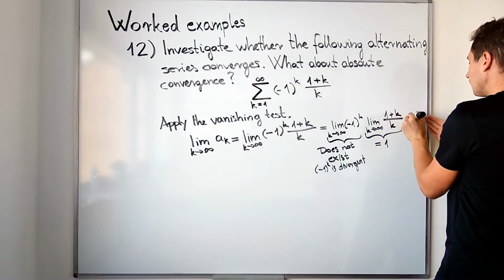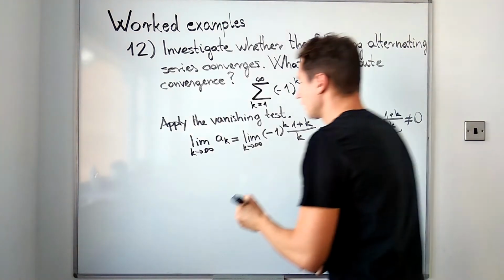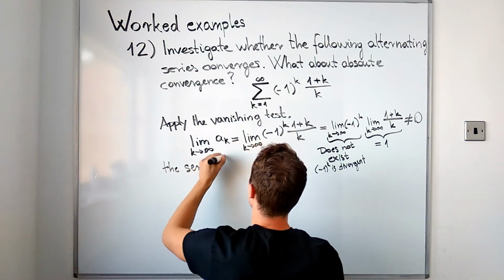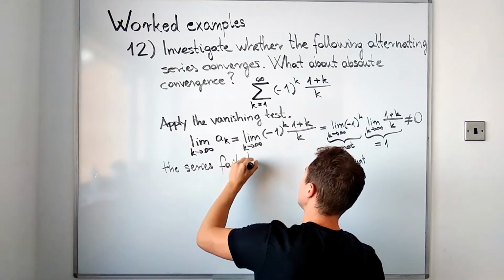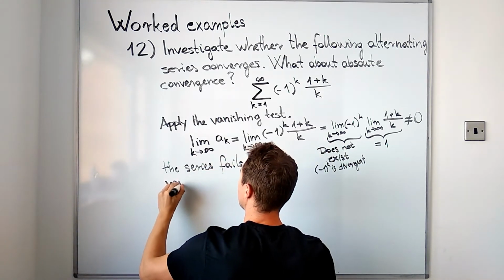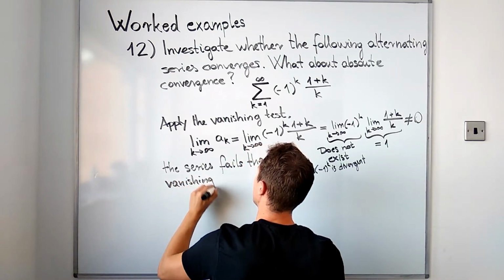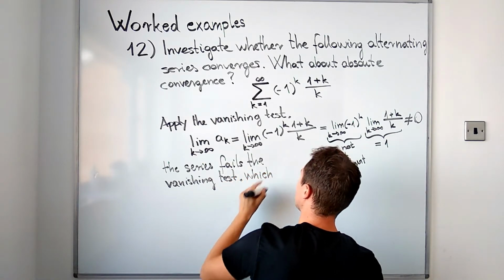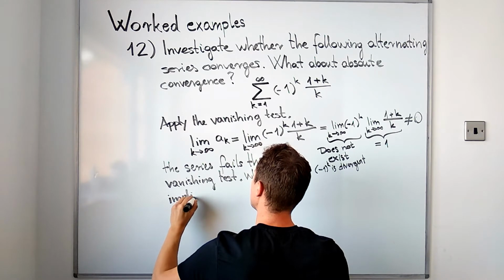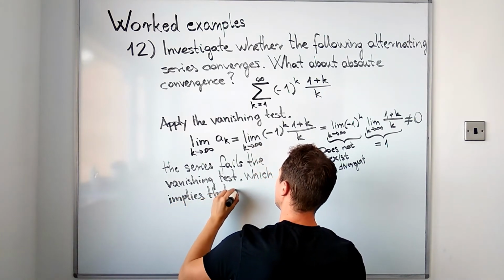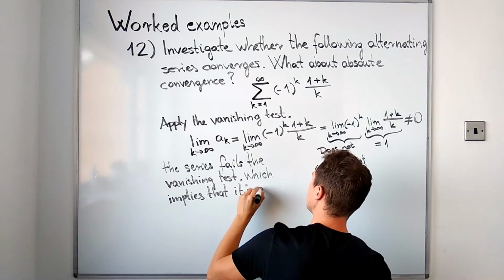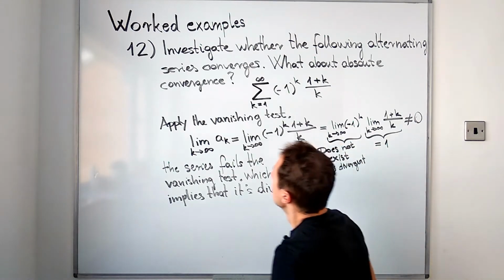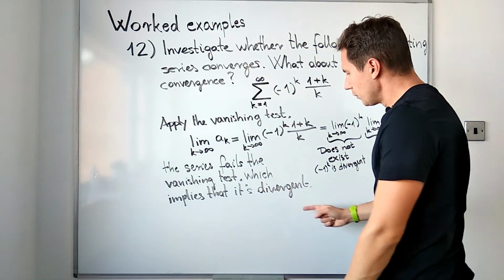Okay, so this is not 0, definitely not 0, meaning that the series fails the vanishing test, which means that it is divergent. Okay, so it is not convergent but divergent.